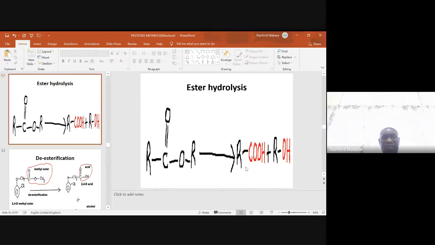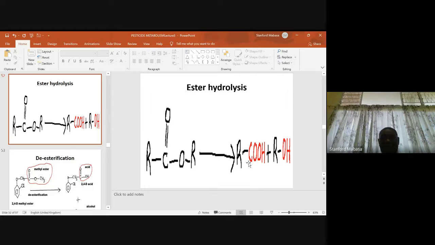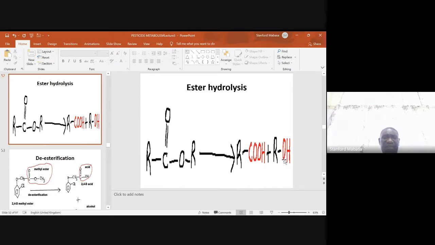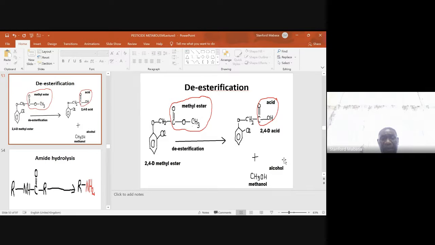First, we are going to look at the ester hydrolysis. So the key issue is that there should be an ester structure on the pesticide for it to react with water. After reacting with water, it forms an acid plus an alcohol. So let us check some of the pesticides we have. We can have 2,4-D methyl ester having this structure here.